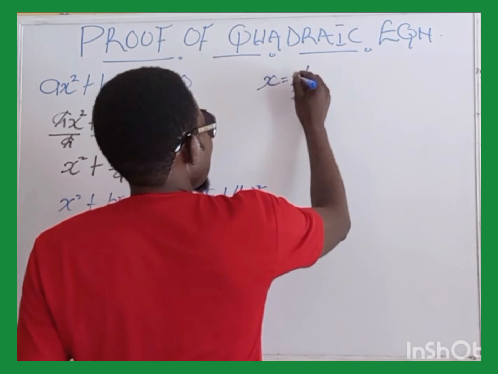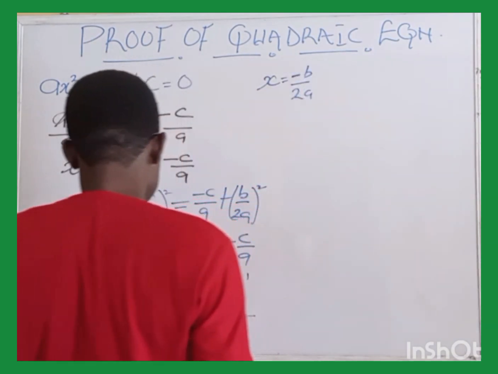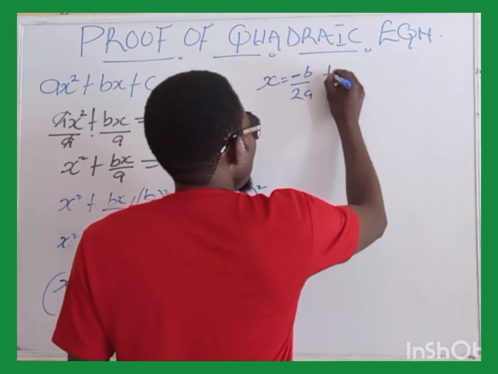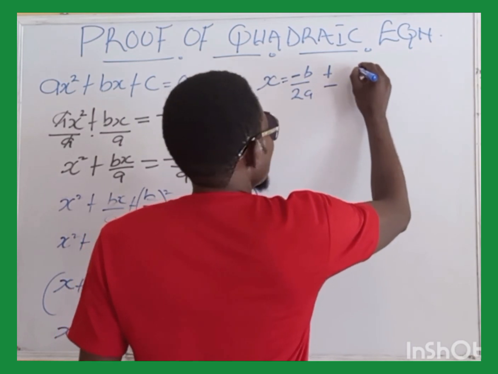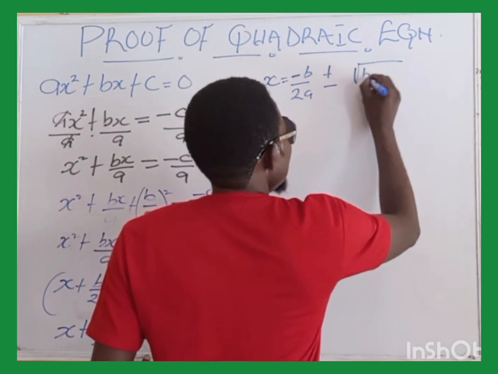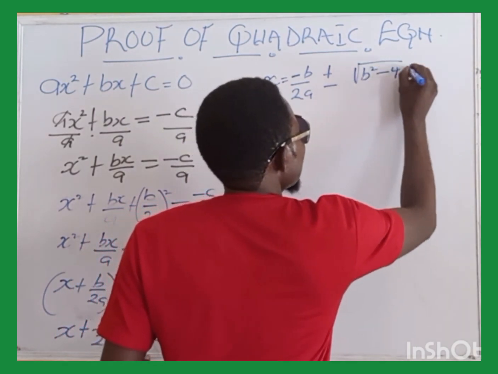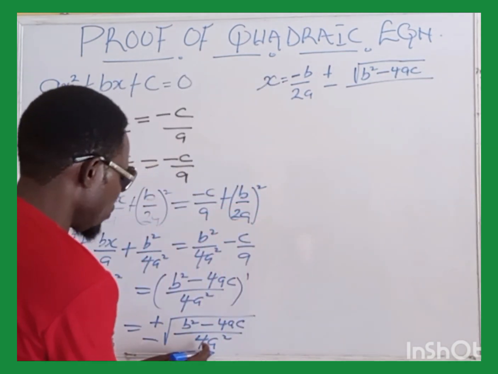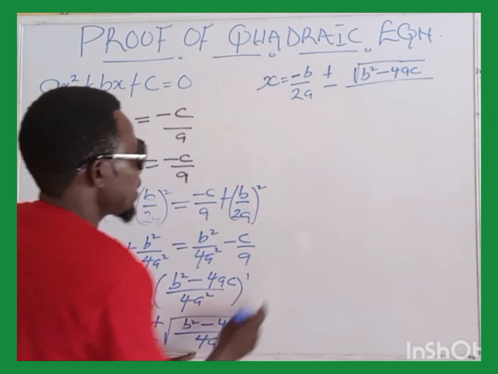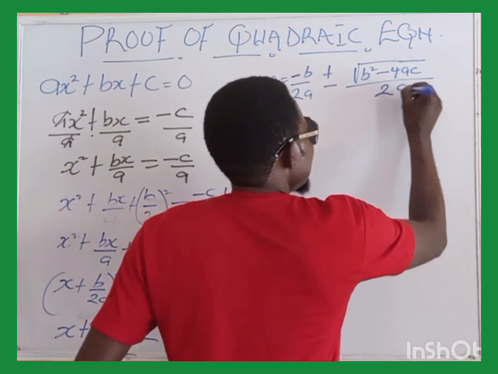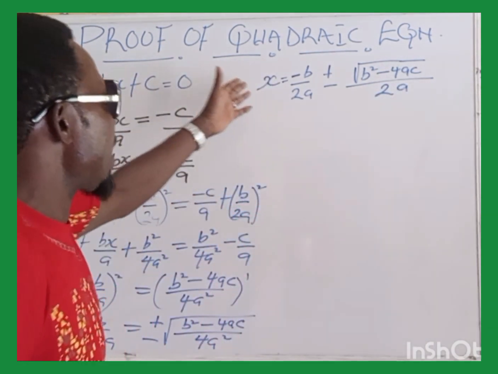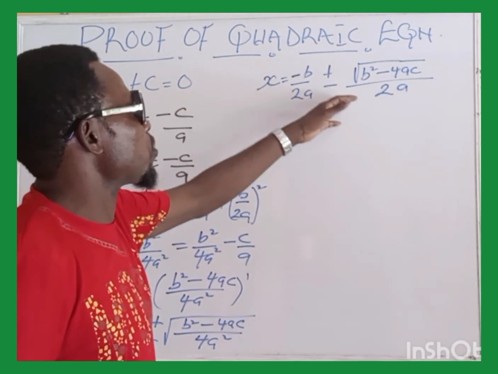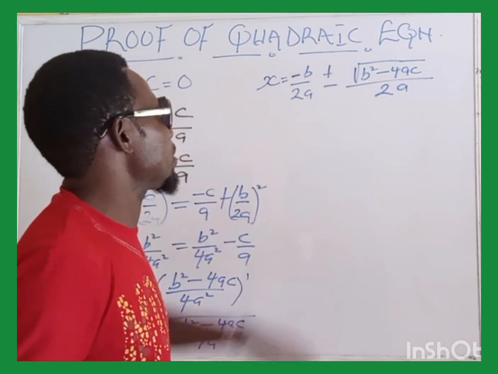So it's going to give you minus. That is why we're having minus here. Then plus or minus square root of b squared minus 4ac. Remember that this one has a square root, which is going to give you 2a, ordinary 2a. So you are going to have 2a here. So x is equal to minus b over 2a plus or minus square root of b squared minus 4ac over 2a.